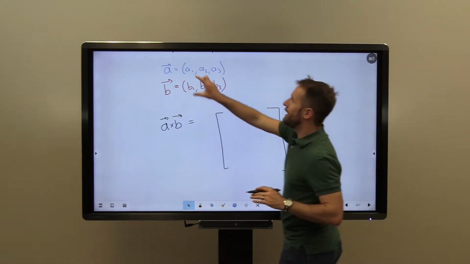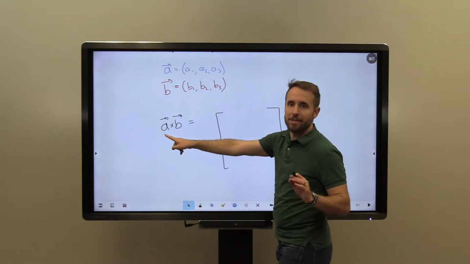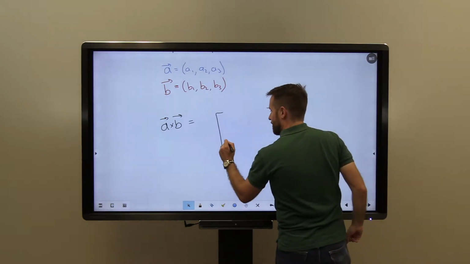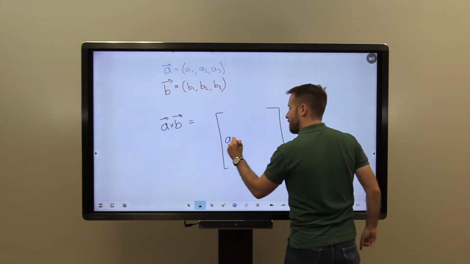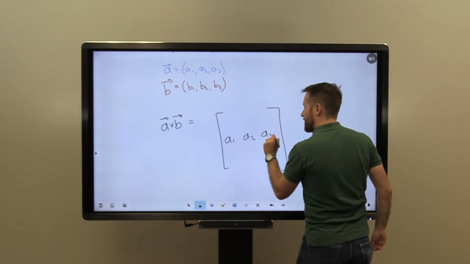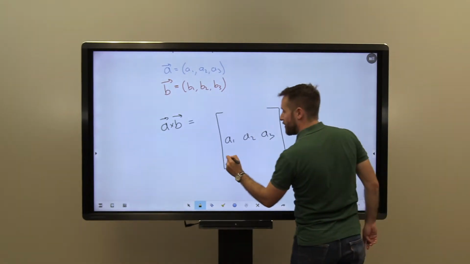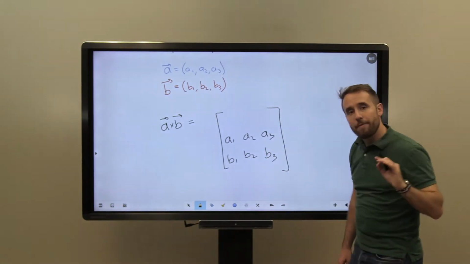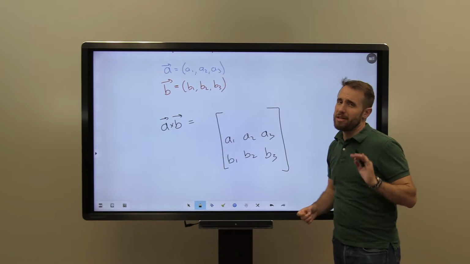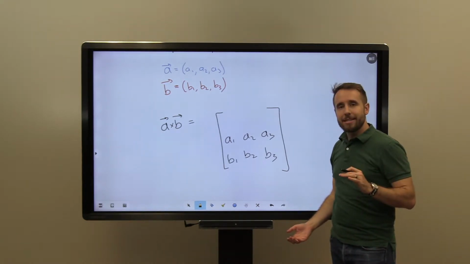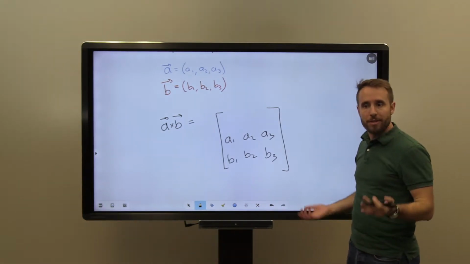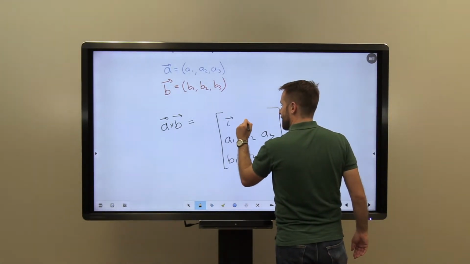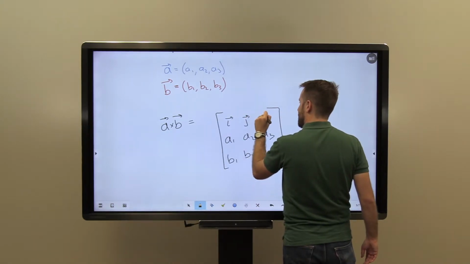I'm going to put my A entries, right, that was my first element in this cross product, A1, A2, A3, across the middle of this matrix. Similarly, B1, B2, B3, I'll put across the bottom. And for the top 3 elements, rather than put a number, I'm going to instead put my important principal vectors in R3, my i, j, and k.